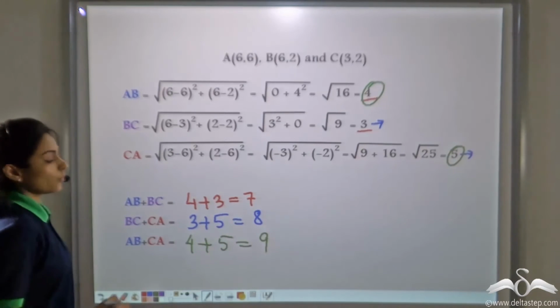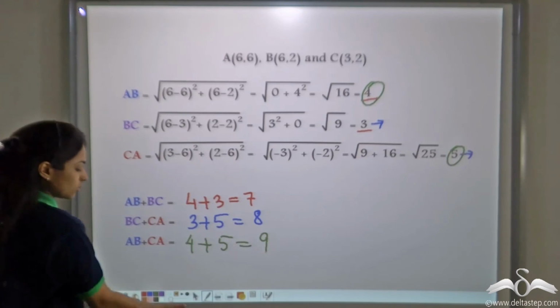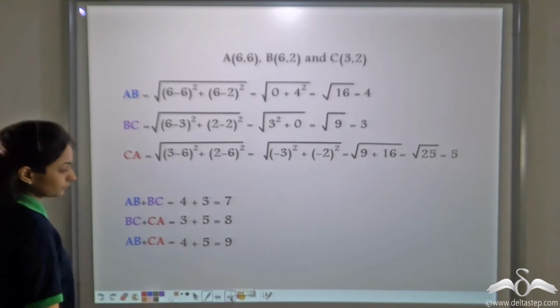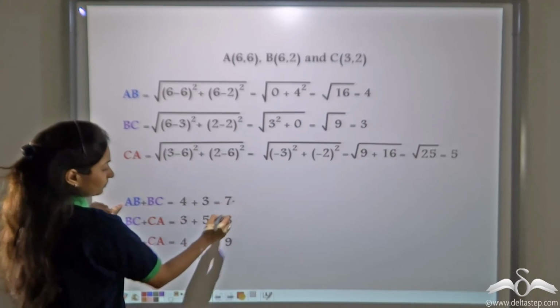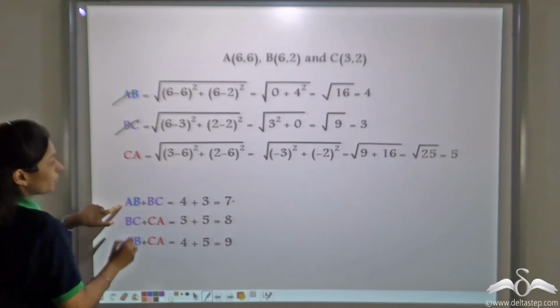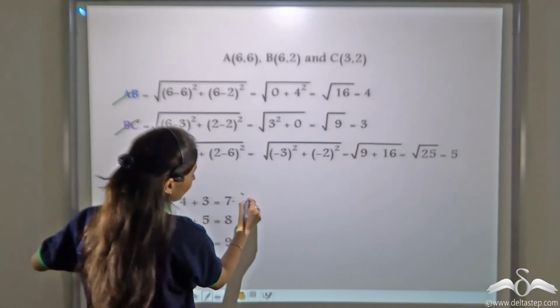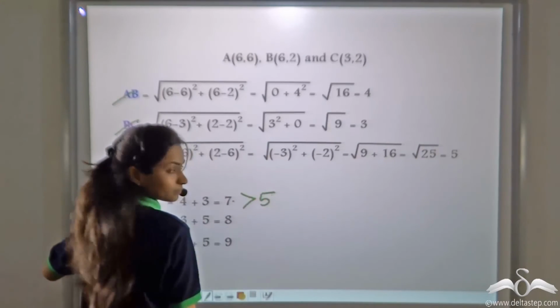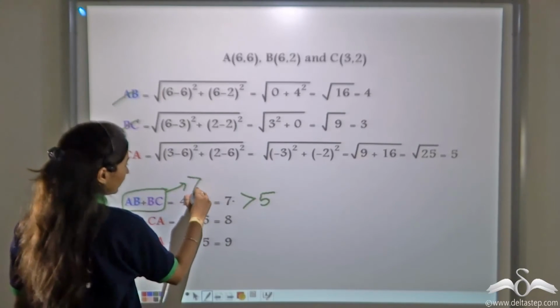Now we'll check whether the sum of these two sides is exceeding the third side or not. See, AB plus BC is 7. Now we have to see whether this exceeds CA or not. Well, you can clearly see 7 exceeds 5. So AB plus BC is exceeding CA.